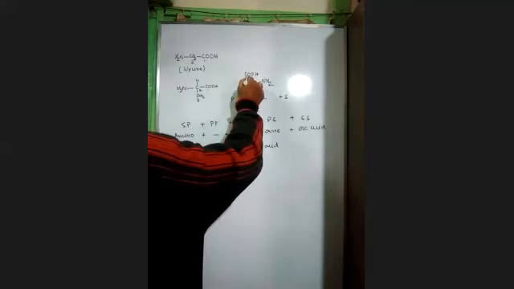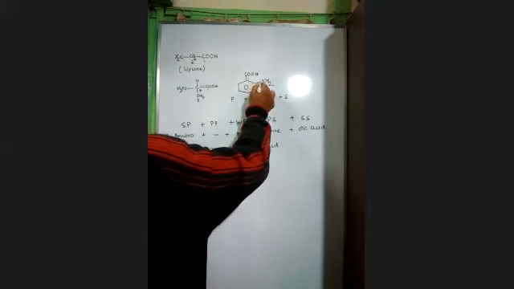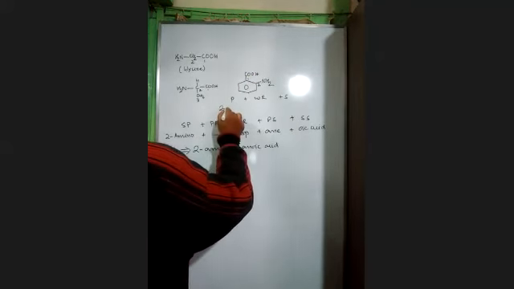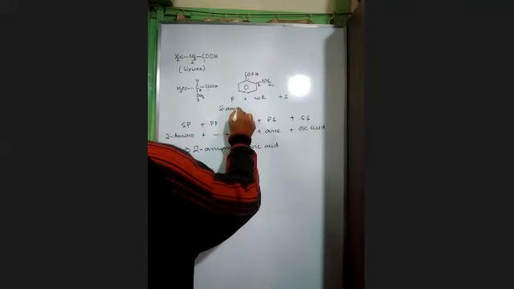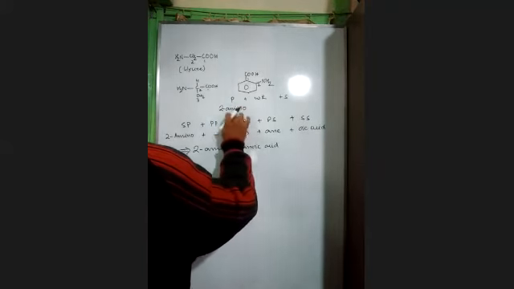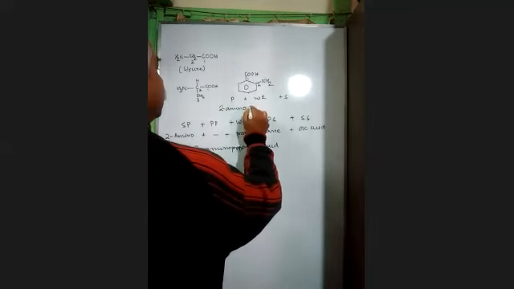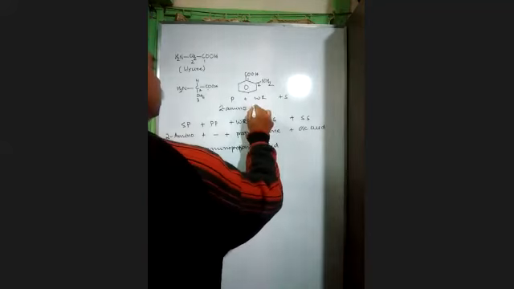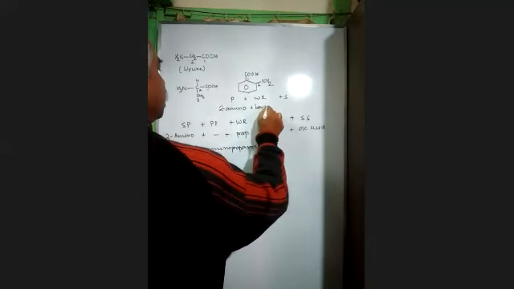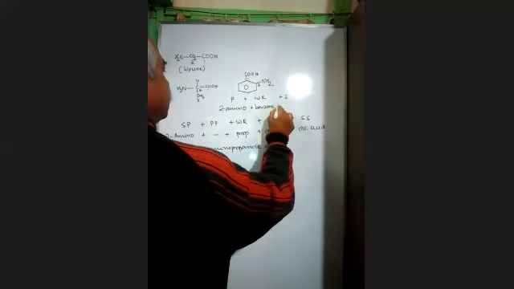This is the principal functional group. You have to put 1. And so it will be 2-amino. See here, 2-amino. Then what is the word root? Benzene.